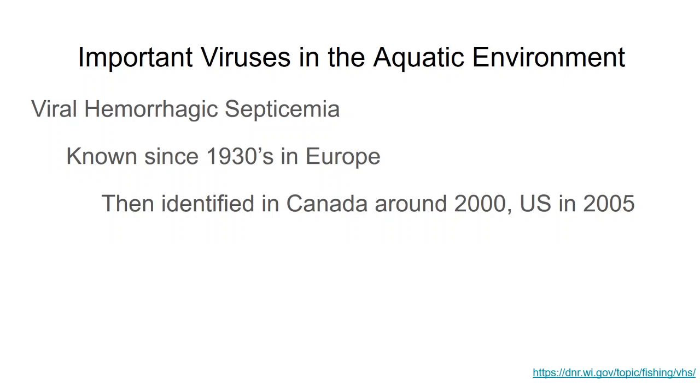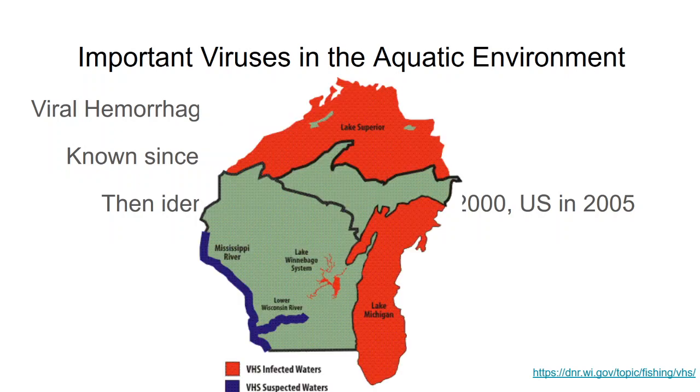More recently, it was identified in Canada around the year 2000 and in the US around 2005. And here's one example map that shows infected waters, which includes in Wisconsin the Lake Winnebago system, Lake Michigan, Lake Superior, and probably includes the major river systems as well.